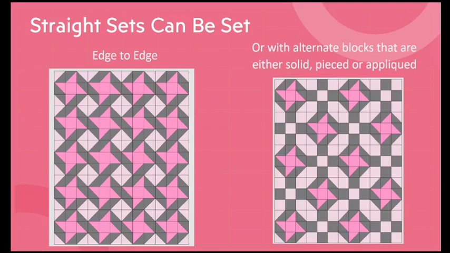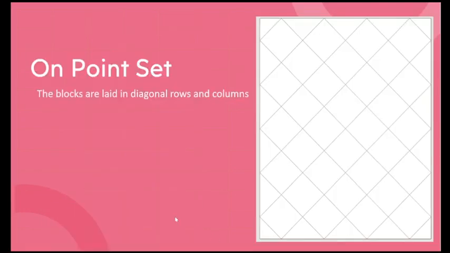So every other block is a different block. There's lots of ways to do a straight set. You could have applique. You could put sashing between blocks and rows along those lines. But just for basics, we'll chat about pretty standard because we're going to spend most of our morning focused on on-point sets and what an on-point set is.